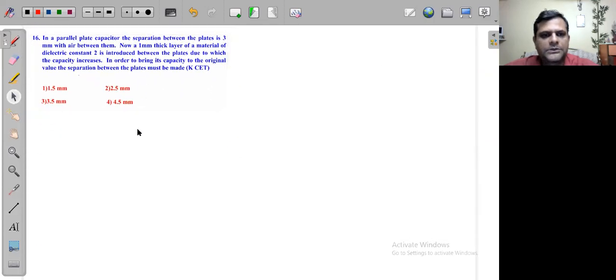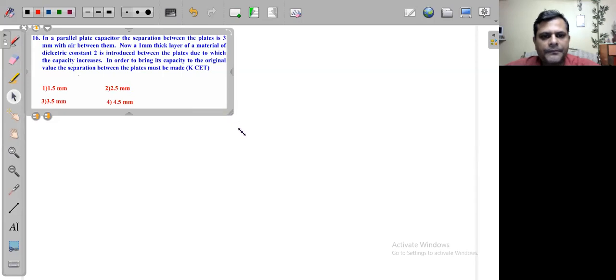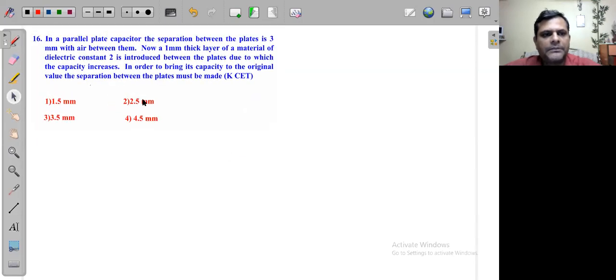Just read this question once again. In a parallel plate capacitor, the separation between the plates is 3 millimeter. So once again, we have the parallel plate capacitor like this, and the separation between the plates is given to be 3 millimeter. So this distance is given as 3 millimeter.